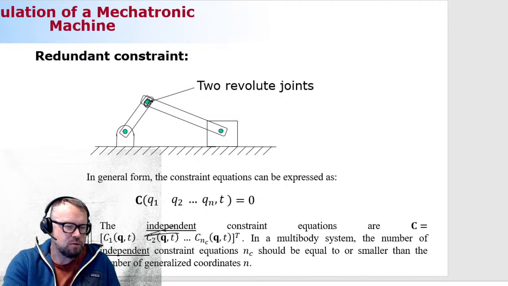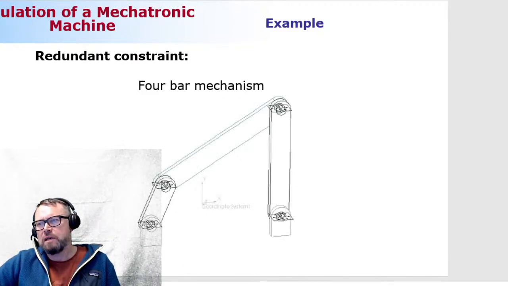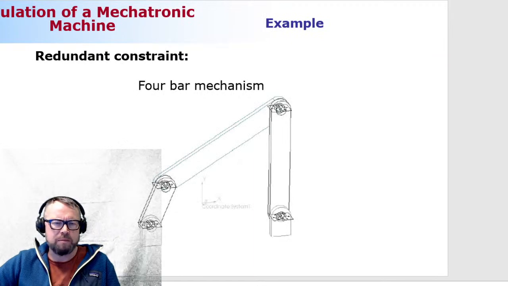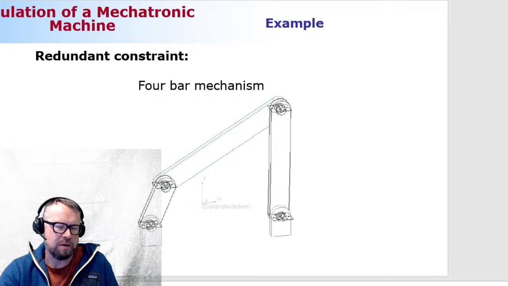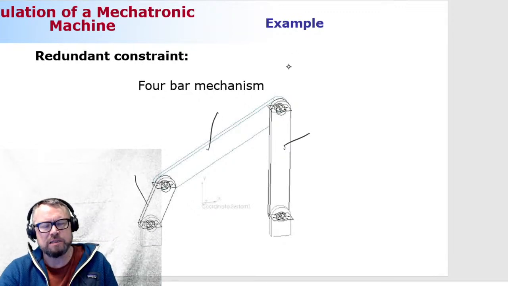Okay, so in three-dimensional space in general, it's a bit problematic and a bit of a headache to make sure that there is no redundant constraint. Let me demonstrate that by showing you a 4-bar mechanism. In the 4-bar mechanism, we have 1, 2, 3 moving bodies, meaning we have 3 multiplied by 6 generalized coordinates, so that's 18.